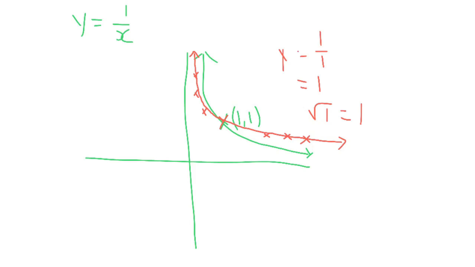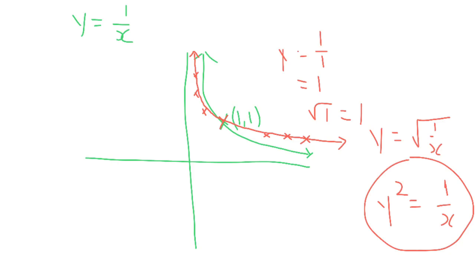Now, if I want to go and add into this, so this one here was y equals root of 1 over x. Now, if I want to graph y squared equals 1 over x, I hope we've picked up the pattern here that if we're asked to do this one, it's actually pretty straightforward. We just take the exact same thing and do something like that. It's probably got to be a little bit more detailed.